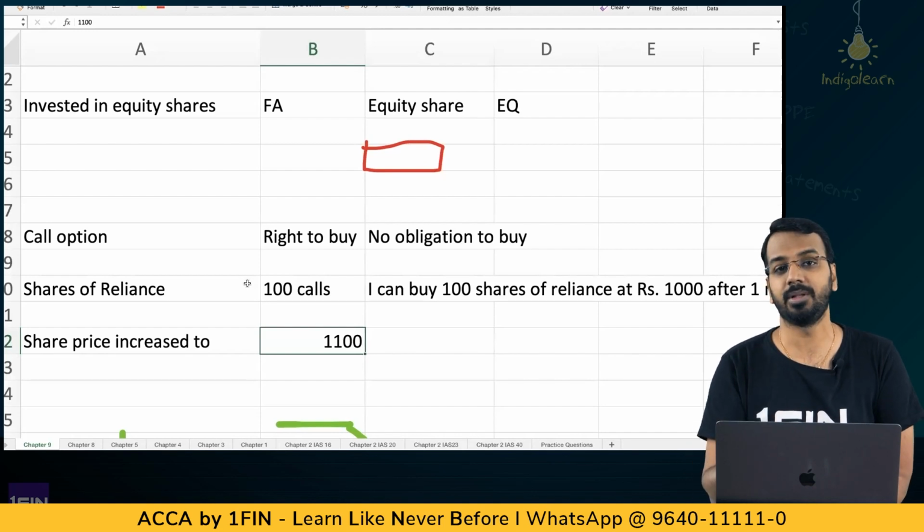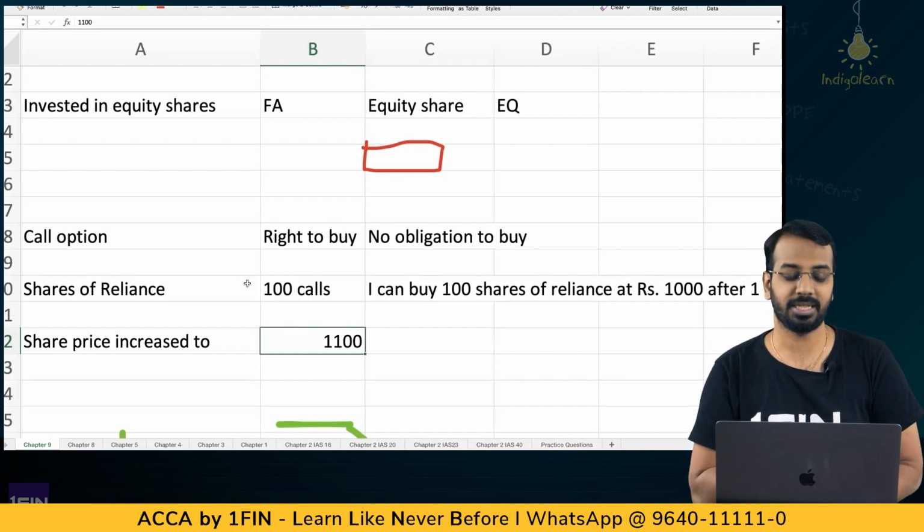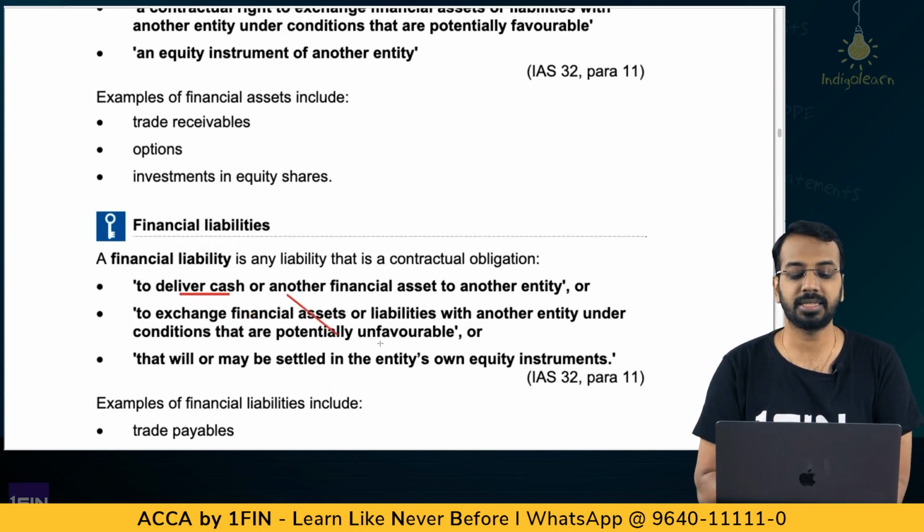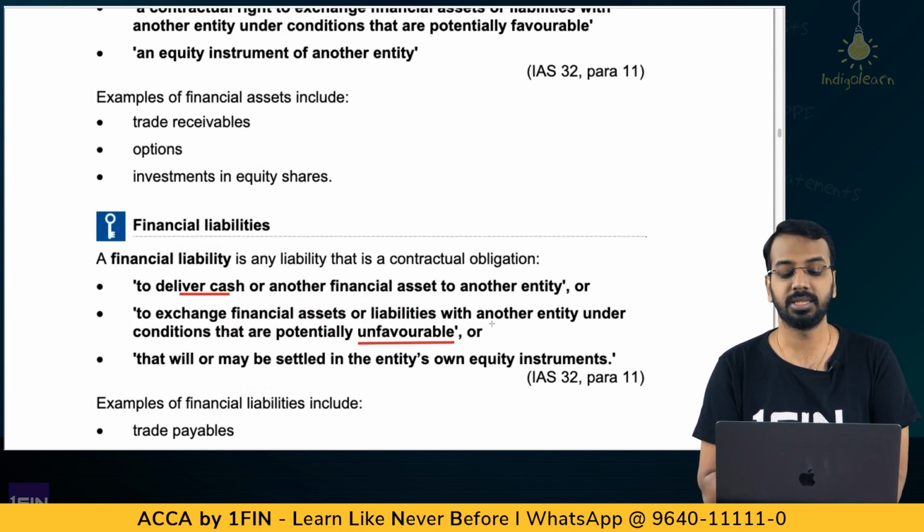If it is unfavorable, it will be called a liability. So liability to deliver cash or another financial asset, that is the first part. Then to exchange financial assets or financial liabilities with terms which are potentially unfavorable, this is a liability.